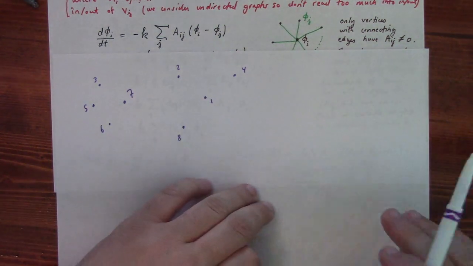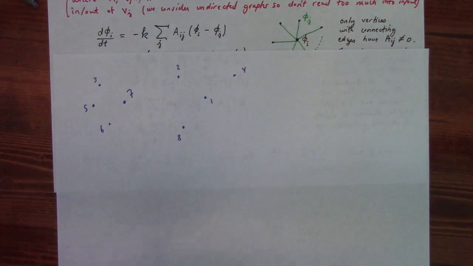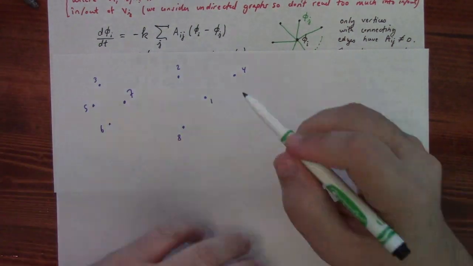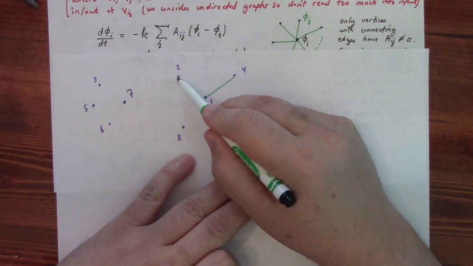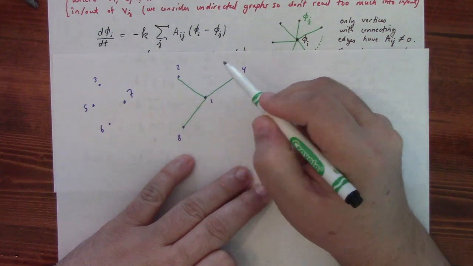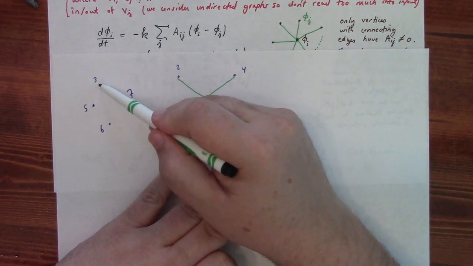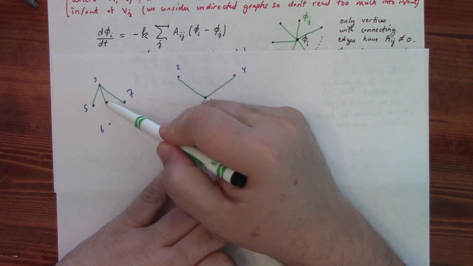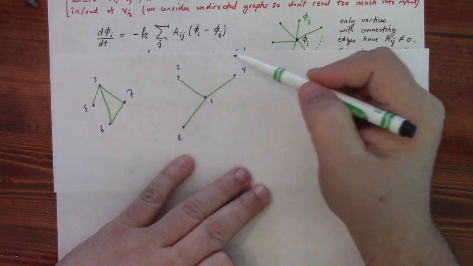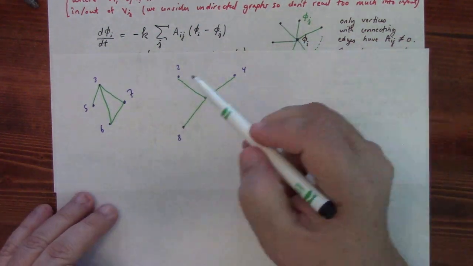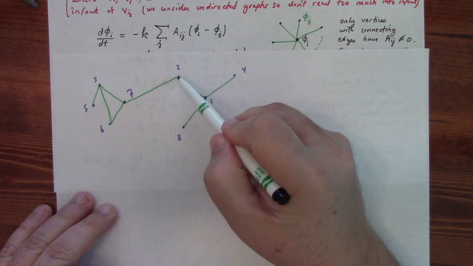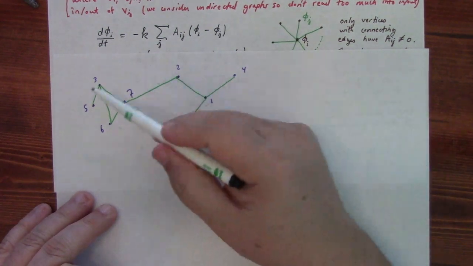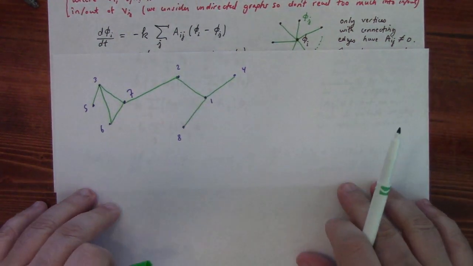For whatever reason, 1 is connected to 2 and 8, but these other nodes are connected amongst each other, and not connected to these. Or it could be that 7 is connected to 2, that'd be fine. The point is that none of these are directly connected to 1, all right?